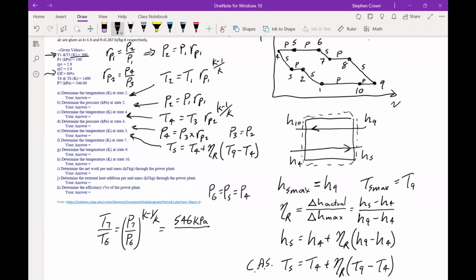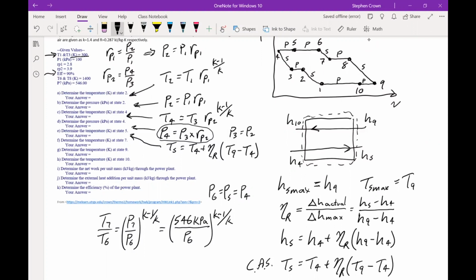So technically we could divide by P4, which we've calculated here. But I'll go ahead and still write it as P6 to the K minus 1 over K. So if you've been calculating the numbers, you could put that number in here.